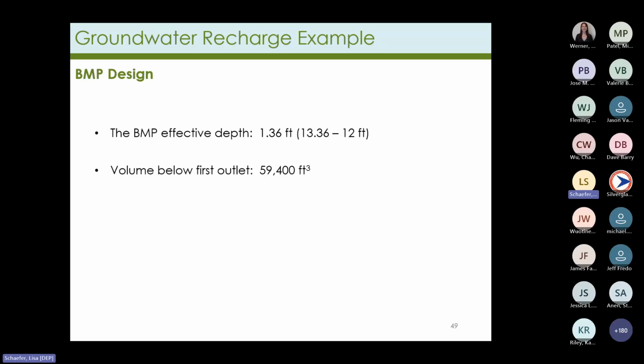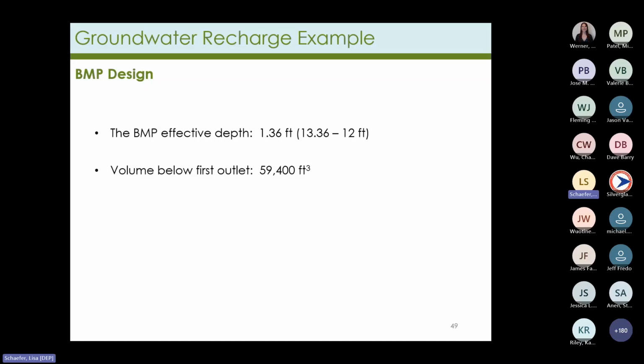As we calculated before, the BMP effective depth, dBMP, is the maximum water depth, which is the distance from the elevation of the first orifice to the bottom of the BMP. The volume before the first orifice in this case was 59,400 cubic feet from the report.